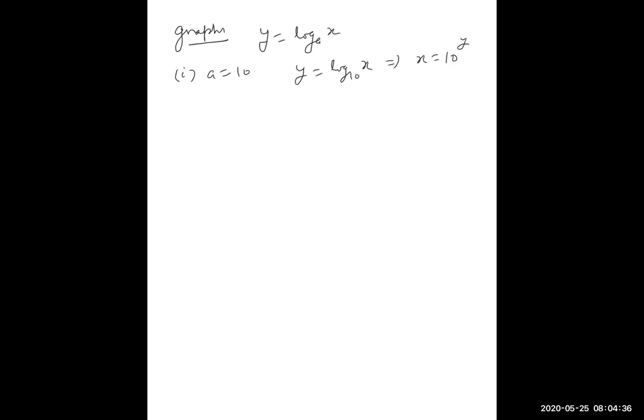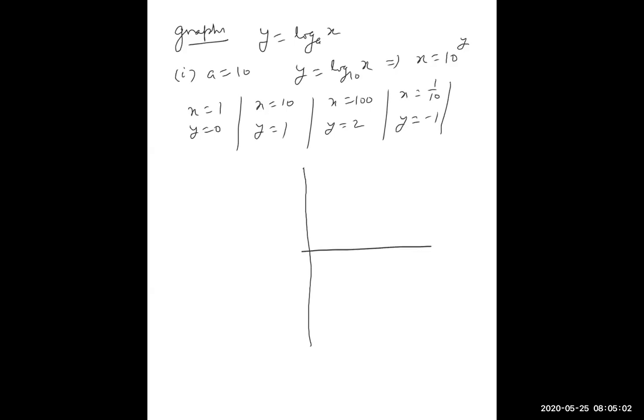For example, y is equal to 0, x is equal to 1. y is equal to 1, x is equal to 10. y is equal to 2, x is equal to 100. y is equal to minus 1, x is equal to 1 upon 10, and so on. I can keep on putting in values and then plot the x and y values. X is 1, y is 0, so this point is (1, 0).